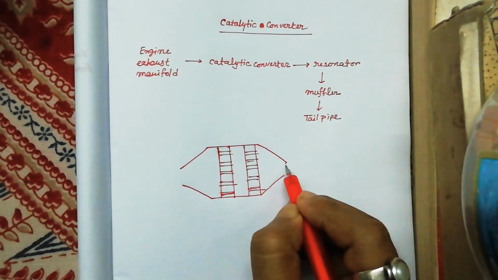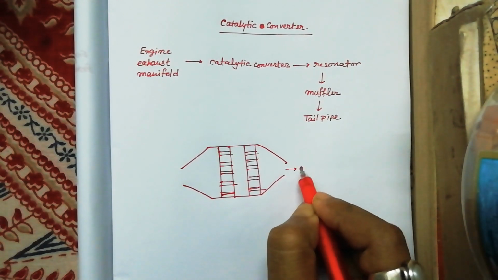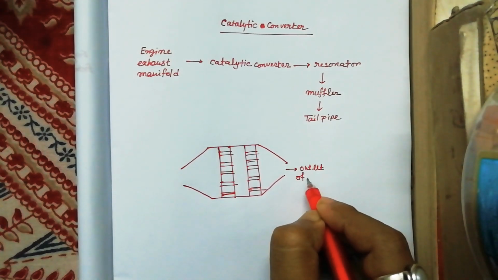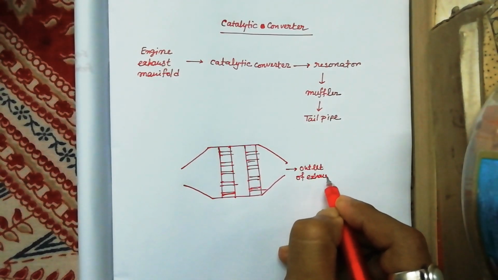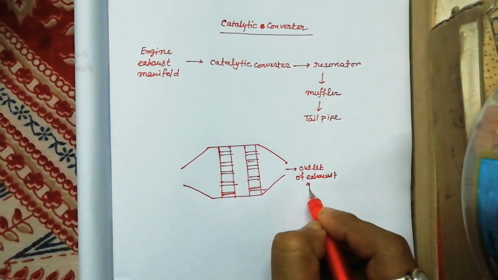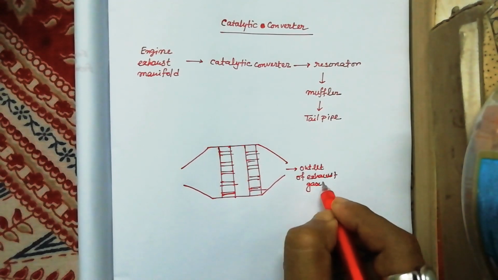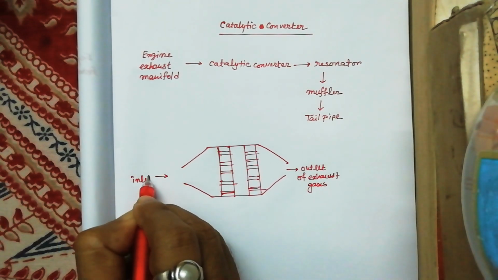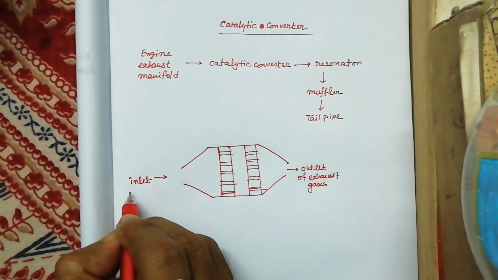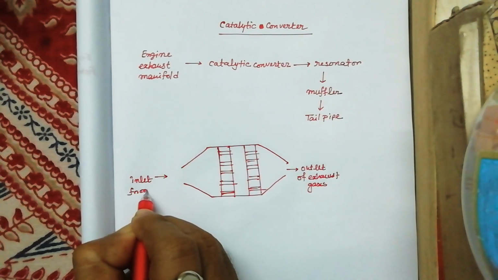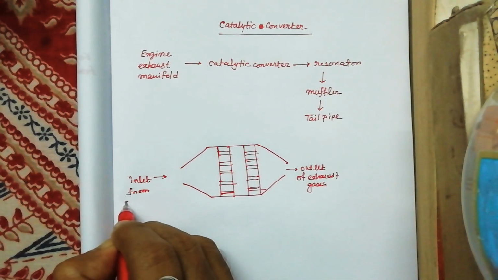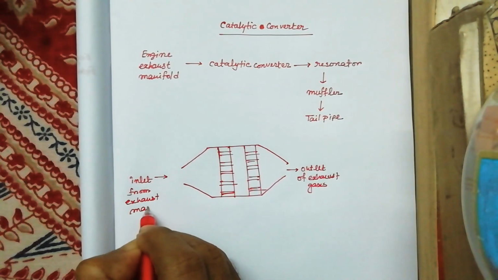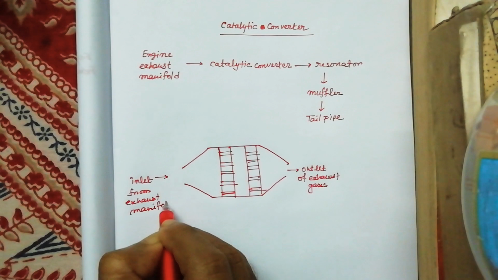So this is the outlet of exhaust gases, and this is the inlet from the exhaust manifold.